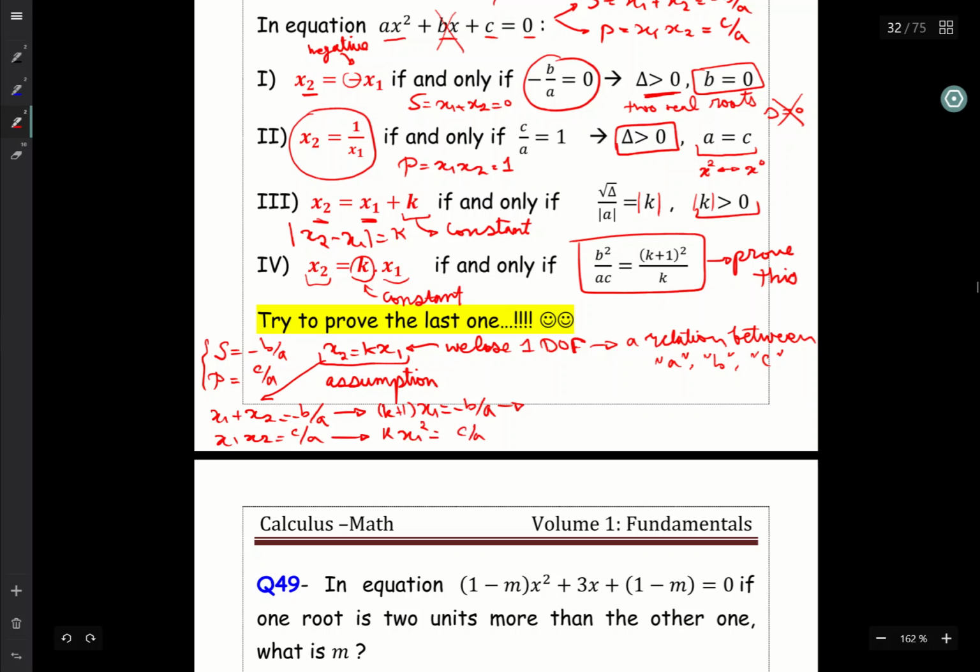And if we square the first one, k plus 1 squared x1 squared is b squared over a squared. And the third one is again k x1 squared is c over a. And obviously if we divide them, we basically remove x1 squared, and we end up with b squared over ac is k plus 1 squared over k, right? I'm dividing the first one by the second one.